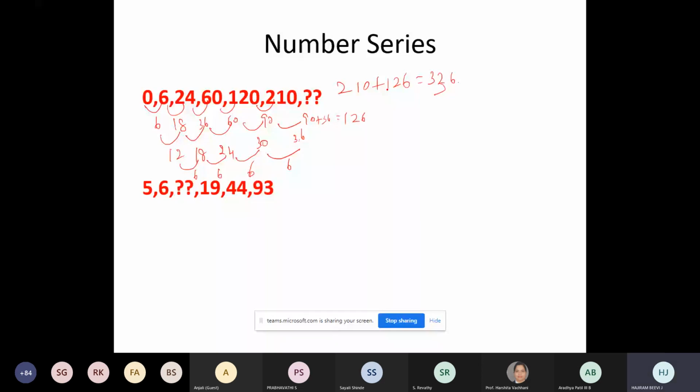For that, first we are going to find the differences. 5 to 6 is 1. We don't know the difference between 6 and x, then x to 19. Then 19 to 44, the difference is 25. Then 44 to 93, the difference is 49.